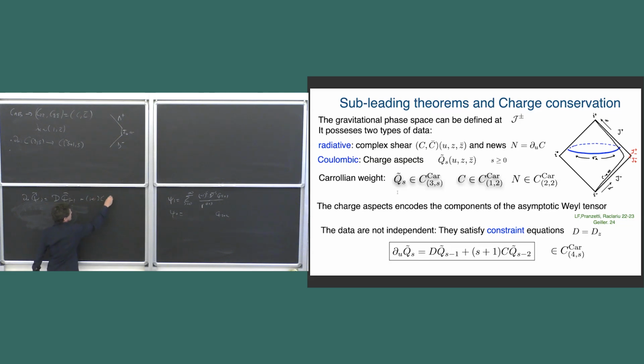So this object, remember, has Carrollian weight plus 1, and this is a 3s. So this object is a 4s object. D bar is 1 plus 3s minus 1, so it's also 4s. And C, we have seen it's 2 plus 3s minus 2, so it's also 4s.